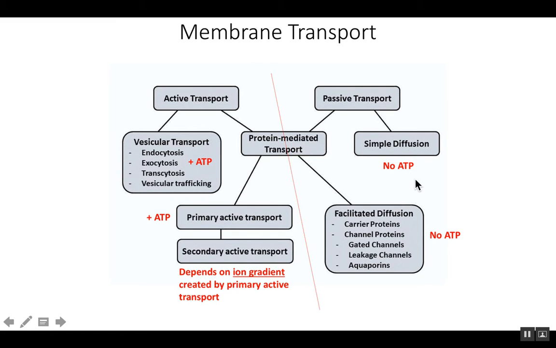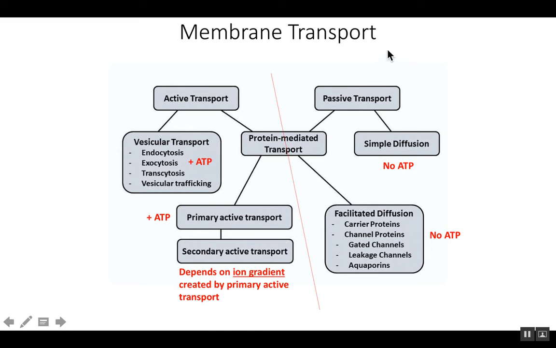If you are moving a molecule from high concentration to low concentration, it does not require energy. And we often call that diffusion. So I'll repeat, if it's low to high, it's active transport, requires energy. If it's high to low, you do not need energy.